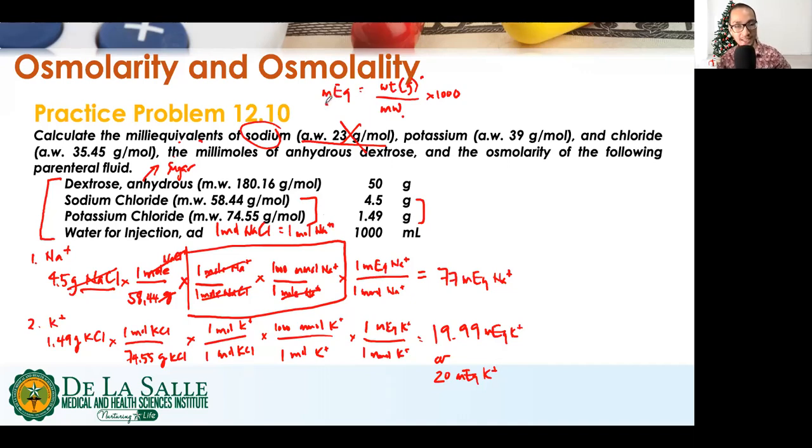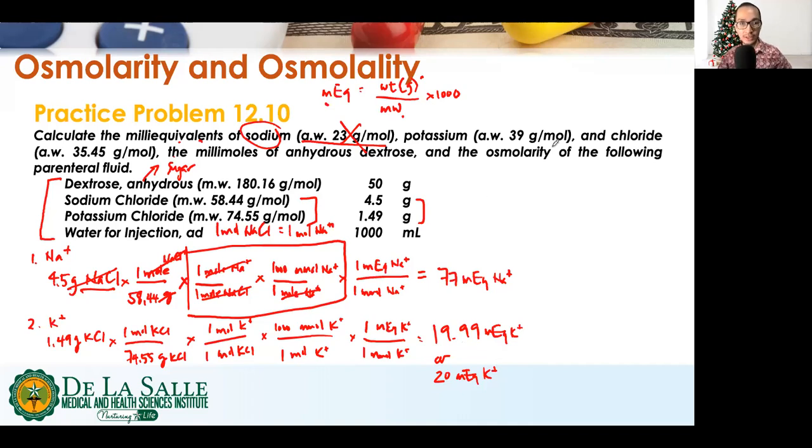That's the only thing I wanted to point out here. You can compute the MEQ of sodium ion using the weight of the substance as long as you also use the molecular weight of the substance, not the atomic weight of sodium. So, 77 MEQ of sodium and 20 MEQ of potassium.